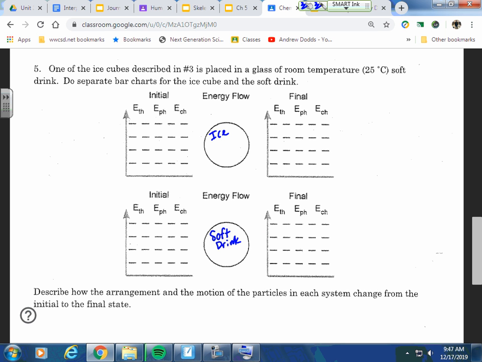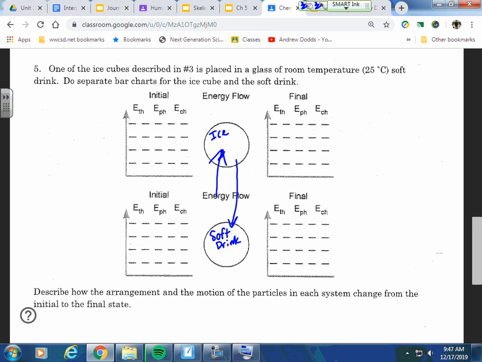A couple main ideas on this. Number 1 is a good understanding of system and surroundings, and why it's important to identify the system so we know what we're looking at and what would be the surroundings. And the other thing is that we should have seen, potentially, depending on how you did it, that the energy that the ice is gaining should be equal to the energy the soft drink is losing, right?